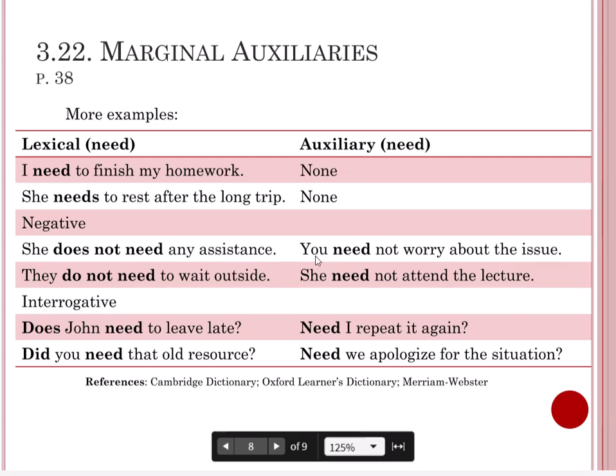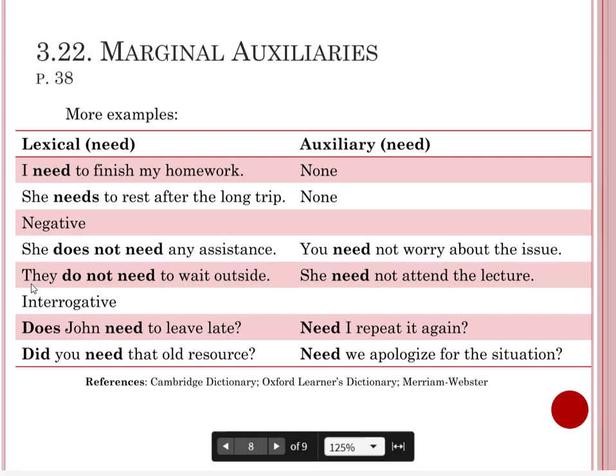Dealing with the auxiliary verbs, you need not worry about the topic. Again, not is added to the auxiliary verb itself. It doesn't require any auxiliary verb because it is the auxiliary verb and it is the operator of the sentence.